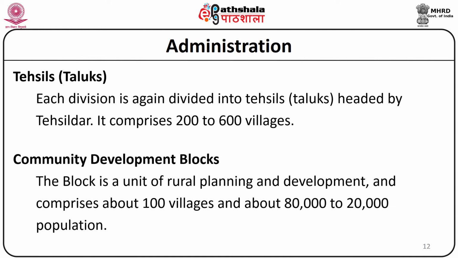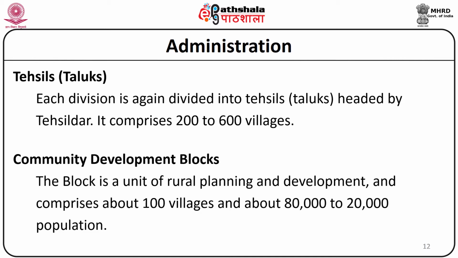Now, to continue with the administration, each taluka or tehsil is again divided. Each division we have been talking about has been divided into tehsils, headed by a tehsildar, and it comprises 200 to 600 villages.